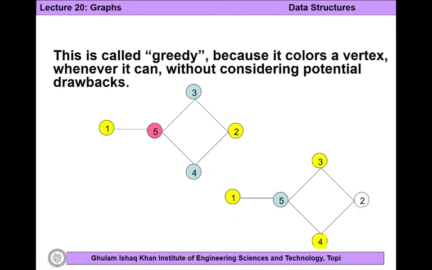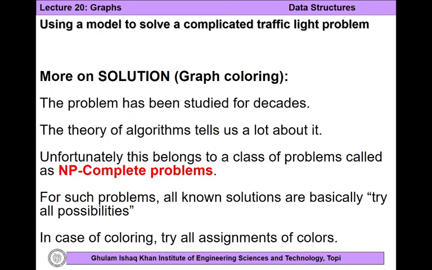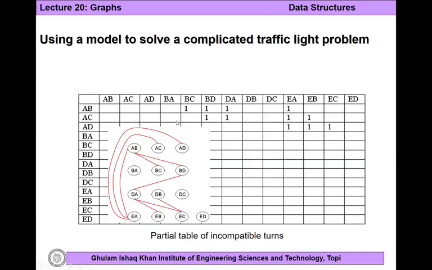Now I've connected these heuristics with the NP complete problems and graph coloring, but the problem of the traffic light still remains unsolved. So remember, here each node represented one turn, right?